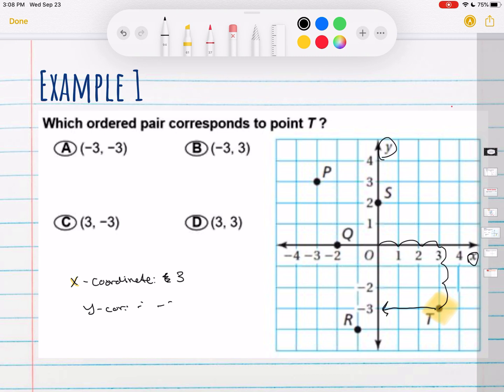So -3 is my y-coordinate, or we can think 3 down, going down from 0, we get to the negatives. So let's put our x-coordinate and y-coordinate together. Remember it's x and y. And what would we get? We'd get 3, -3. And looking at my options, it looks like C is our correct option, 3, -3.